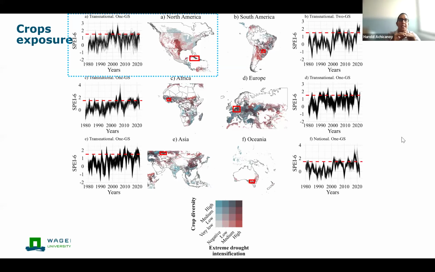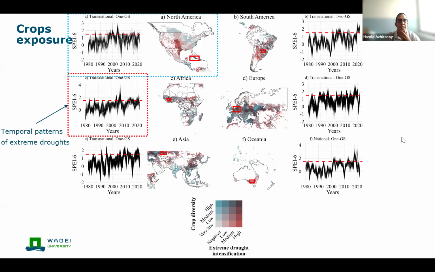It is telling us if they are increasing or decreasing over time, or remaining stable. But also they are telling us about the crop diversity in the blue scale.